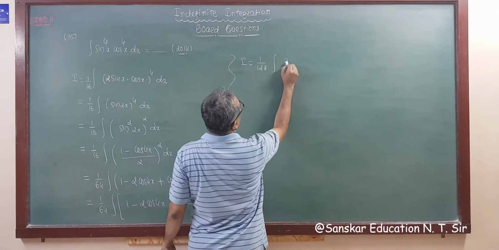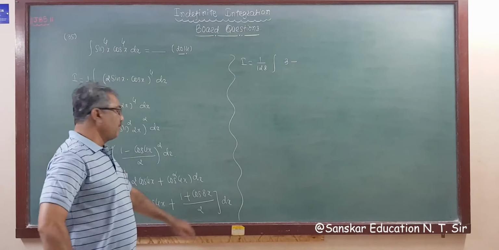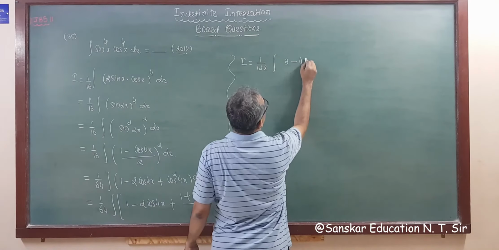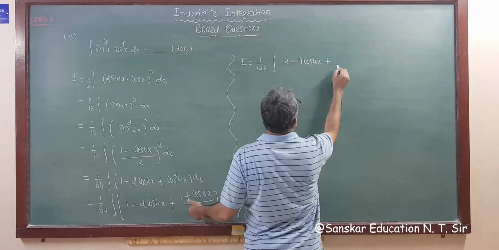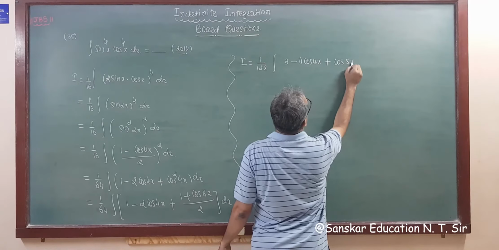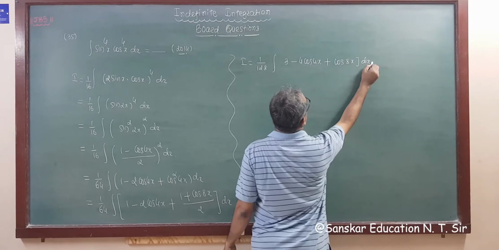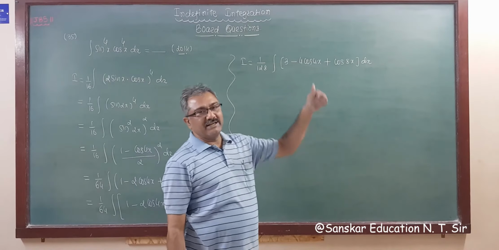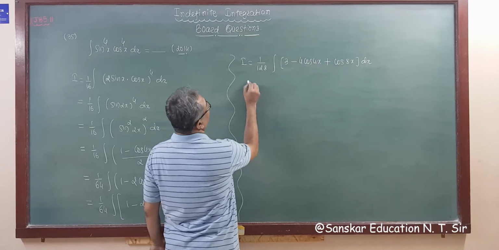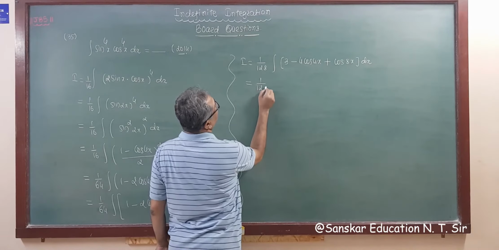2 plus 1 is 3, minus 2 into 2, 4 times cos 4x, plus cos 8x, dx. This is the answer, right? Now all functions are integrable, so integrating, we get 1 upon 128.